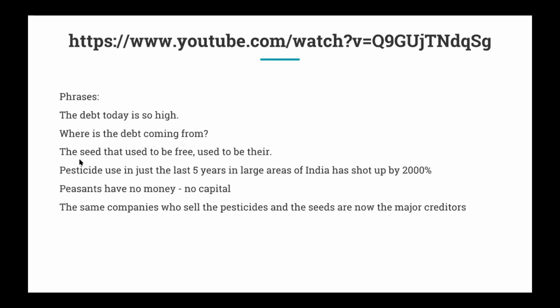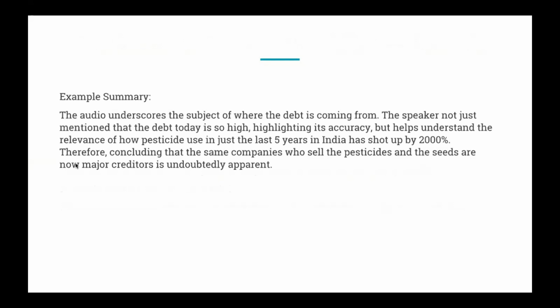I can edit them a bit if I need to, in order to make sure that once I am adding them into my structure, they are making complete sense, both logically as well as grammatically. Now these were the phrases that I noted down from the audio, and this is how I have used those phrases in my summary.